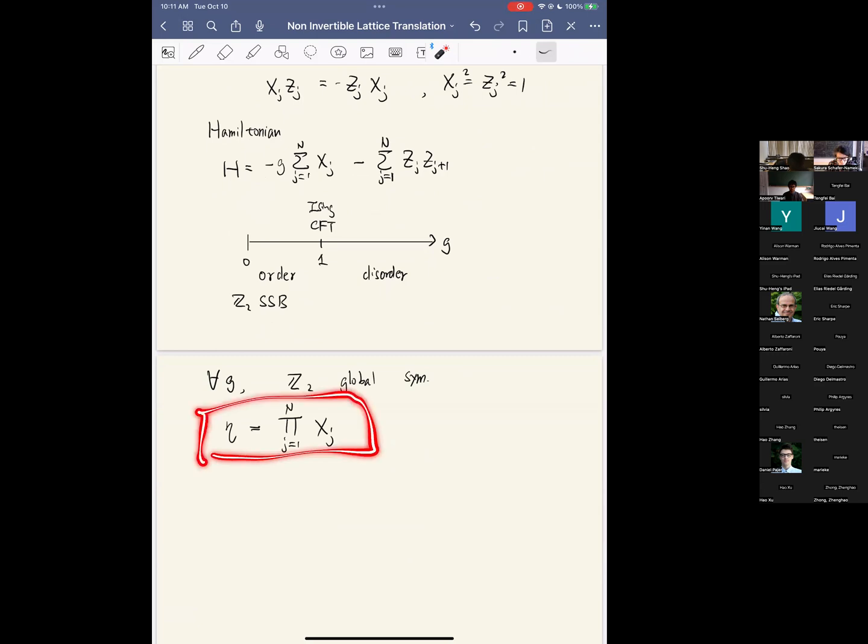So obviously this commutes with the Hamiltonian here because every Z appears in pairs in the Hamiltonian. We have eta squared being 1 and eta H equals H eta for any g.